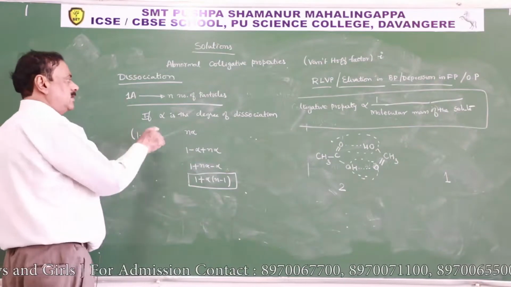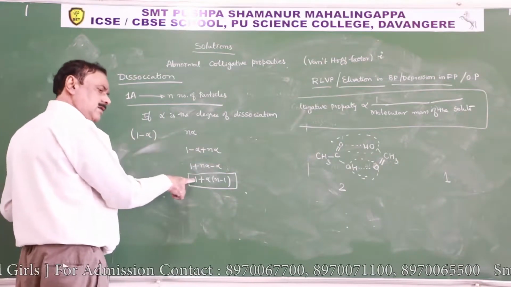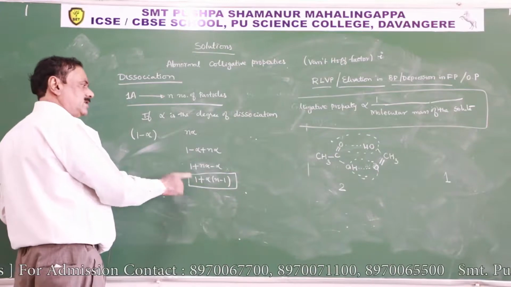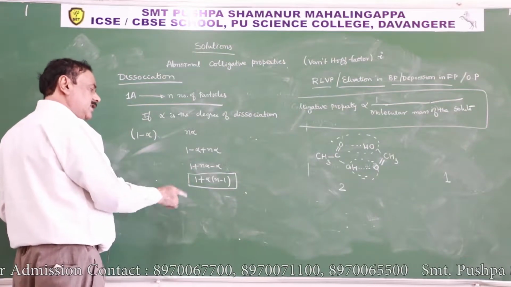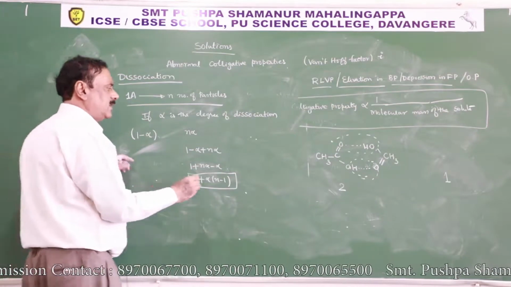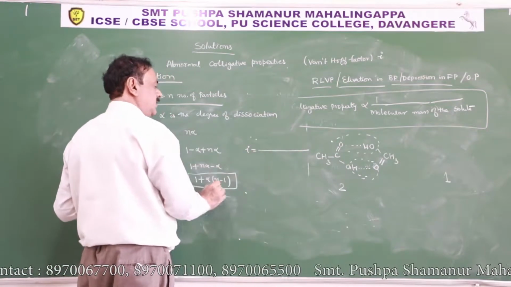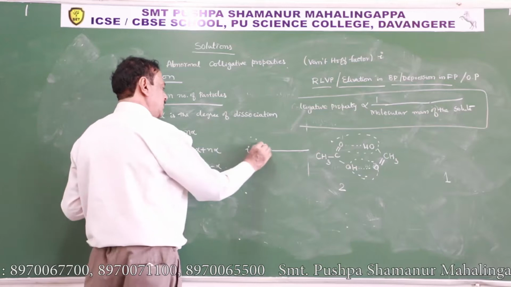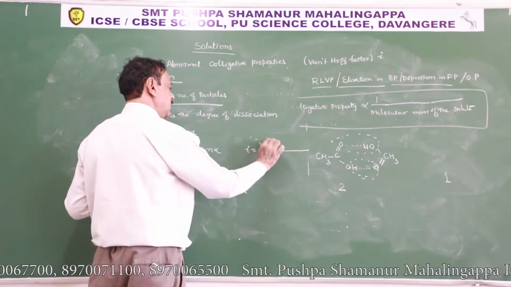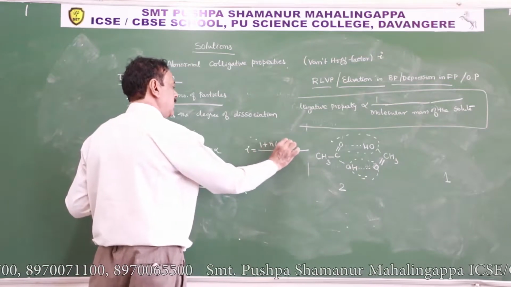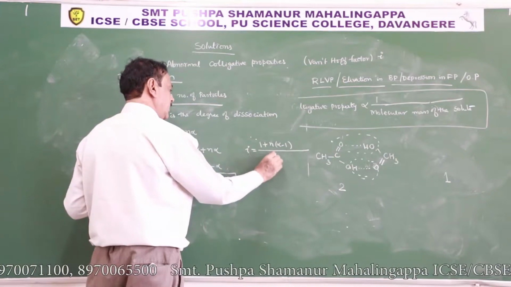This is the observed number of particles. The theoretical number of particles is equal to 1. Therefore, i is equal to observed divided by theoretical. Observed is given by 1 plus alpha into n minus 1, whole divided by 1.